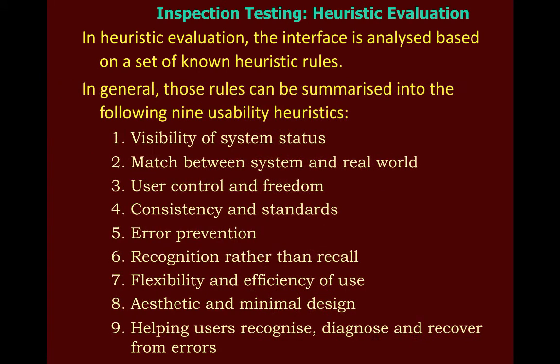Heuristic evaluation is the type of testing that we're going to do in your assignment. You basically have design guidelines, a bunch of rules, a checklist if you like, and those rules will relate to these 9 aspects: the visibility of system status, matching between system and the real world, and so on. We'll go through these 9 aspects. The design guidelines that we saw very early on in this subject would relate to these heuristics.